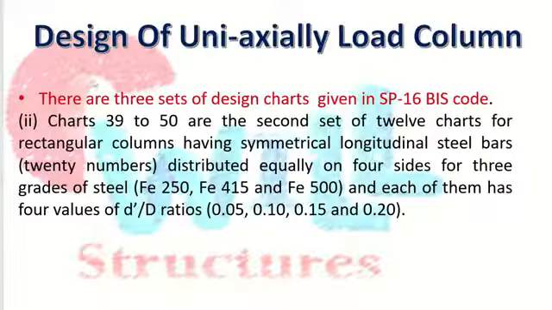Second set of charts are charts 39 to 50. These chart values are for the rectangular columns having symmetrical longitudinal steel on the total 4 sides. It means all of the sides, correct? Similarly with the grades of 250, 415 and 500. And each of them has 4 different values of D dash by D ratio, that is 0.05, 0.1, 0.15 and 0.2.